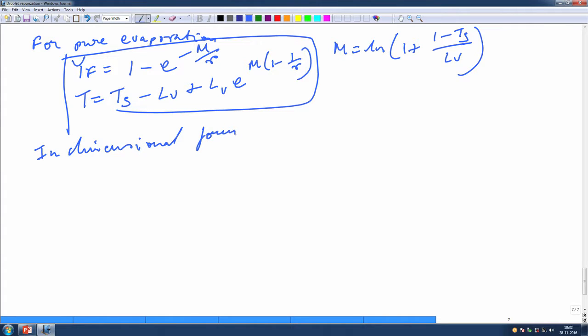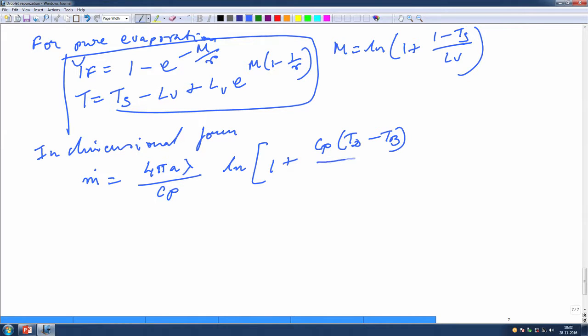In the dimensional form, your m dot will be given by 4 pi a lambda by Cp times this factor. We define a factor called Bv or Bh, whatever you call it, Cp (T infinity minus Ts) by Qv.